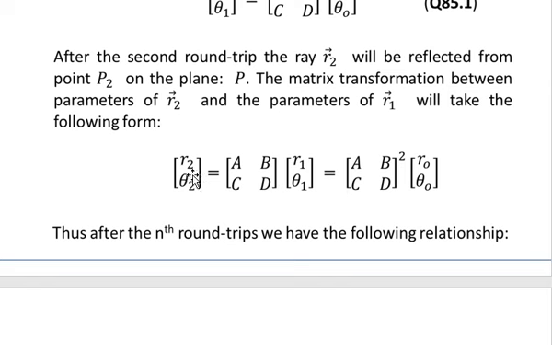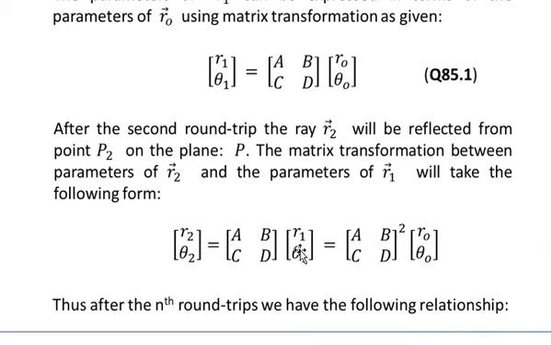That is, R2 theta2 as a column vector on the left hand side is equal to the ABCD matrix on the right hand side multiplied by the column vector R1 and theta1.